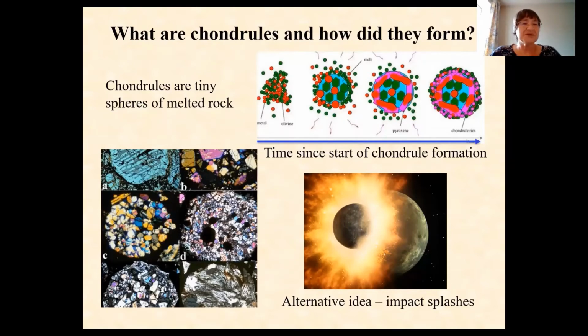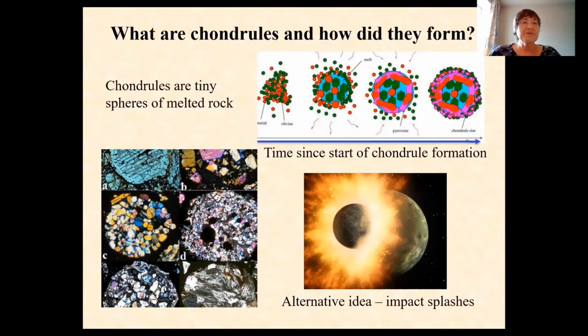So these are just when you cut the meteorite into a very thin slice and you shine light through it, and you can see on an ordinary microscope what they look like. And there's lots of information that a trained person can take out of these pictures.